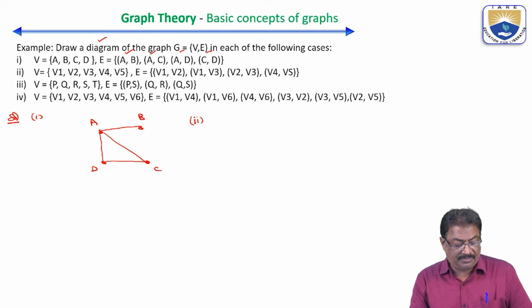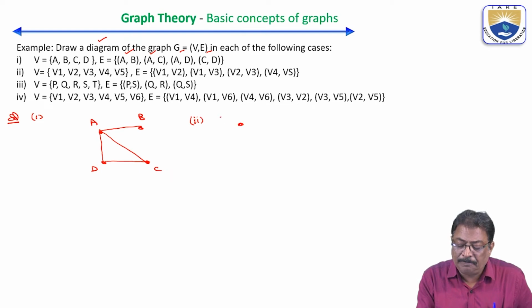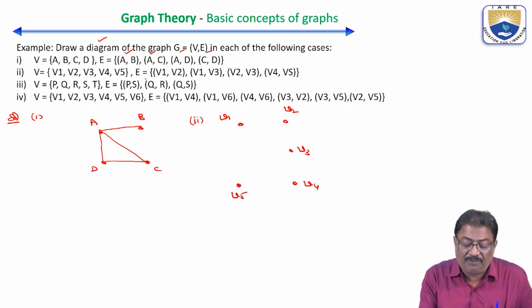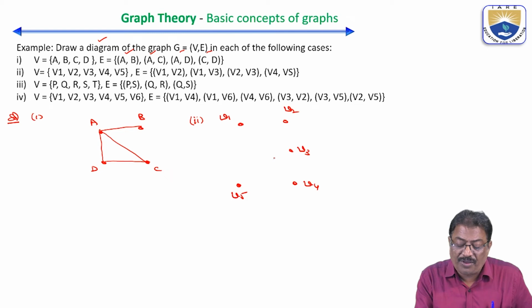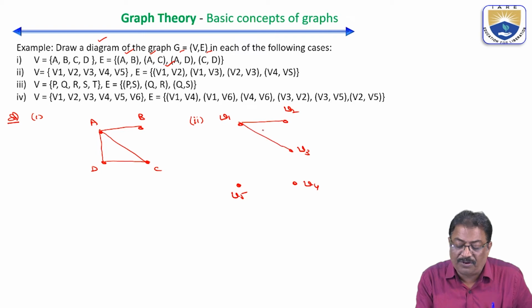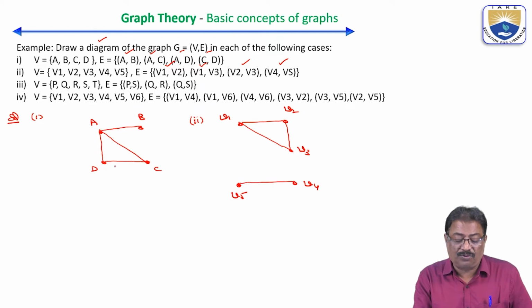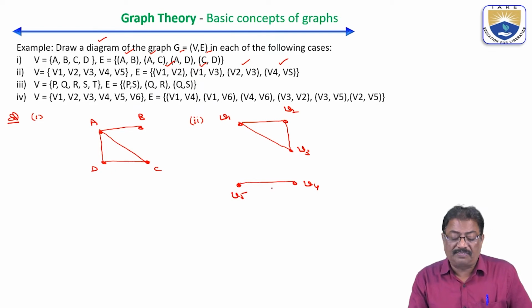There are 5 vertices: V1, V2, V3, V4, and V5. Now the edges are V1 to V2, which is the first edge, V1 to V3, then V2 to V3, then V4 to V5. So this is another graph. This is the first problem graph, and this is the second one.